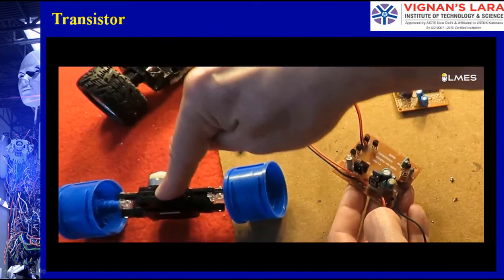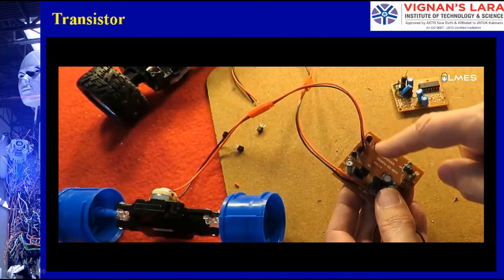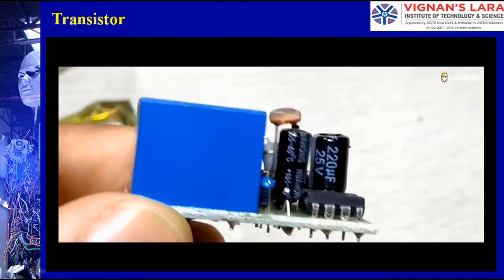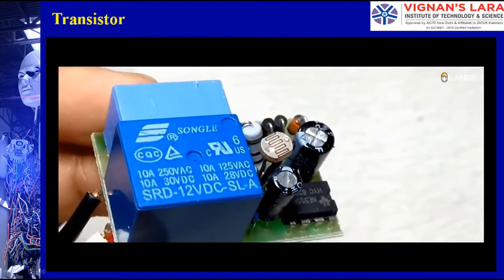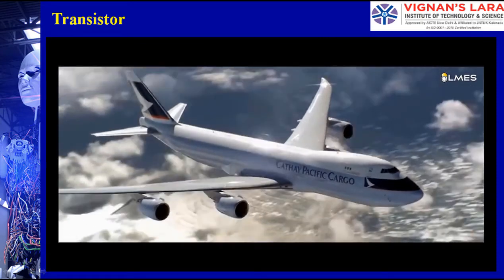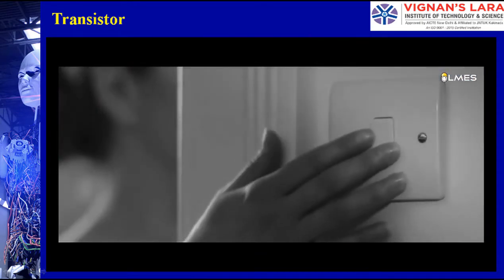We open on the scene inside toy cars and remotes, where we could see a board which contains a lot of transistors. It is widely used in all types of electronic devices like sensors, circuits, phones, TVs, planes and even induction stoves. A simple phone generally has more than 40,000 transistors.